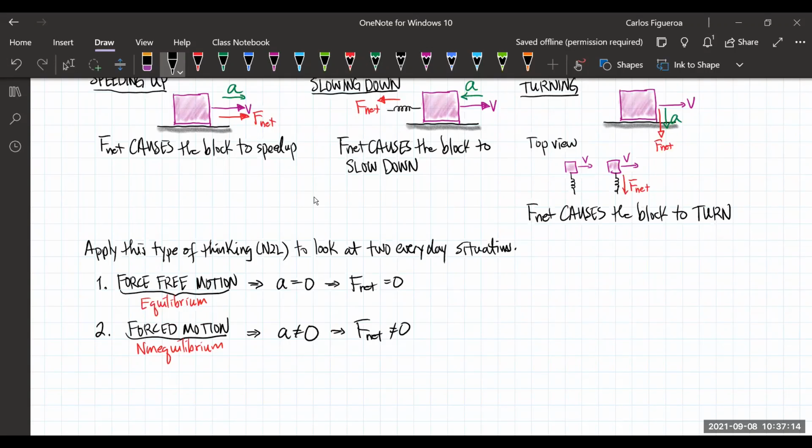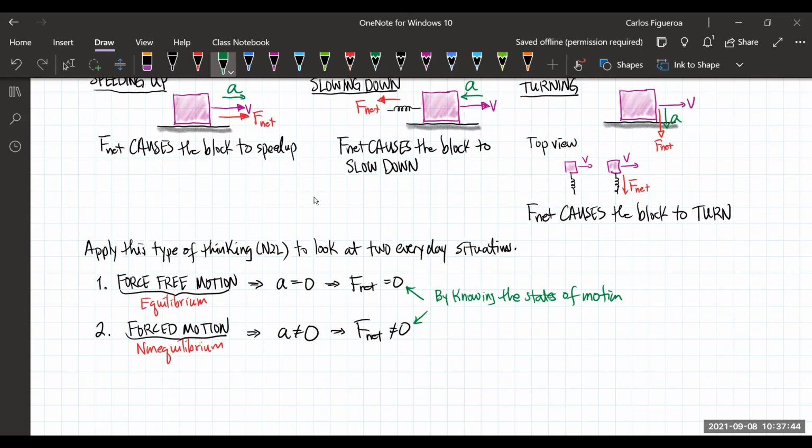So even though we've talked about this already, there's something special now. What we want to do here is, by knowing the states of motion, so what are the states of motion? Rest, constant velocity, speeding up, slowing down, or turning.